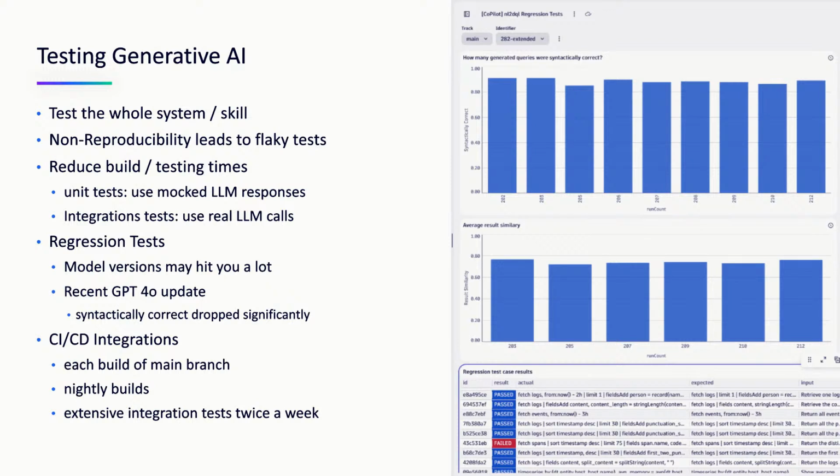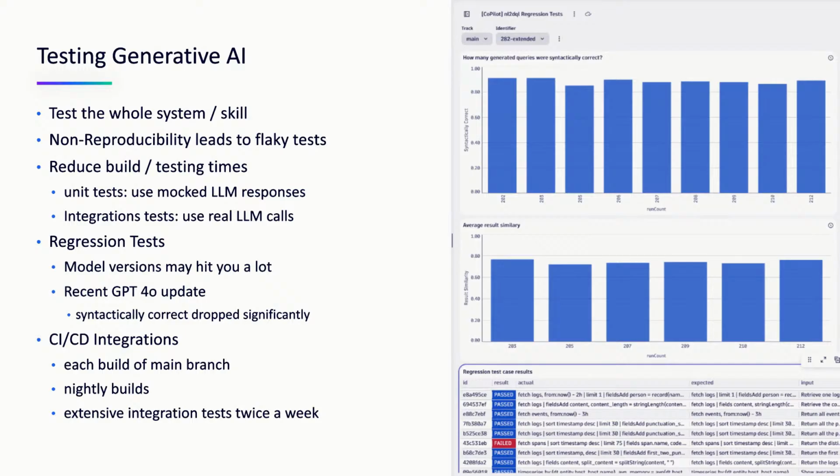And as we are Dynatrace, we are using Dynatrace also for alerting ourselves while we are monitoring those regression results from build to build, and ingest the data into Dynatrace itself, where we then have alerts in place.